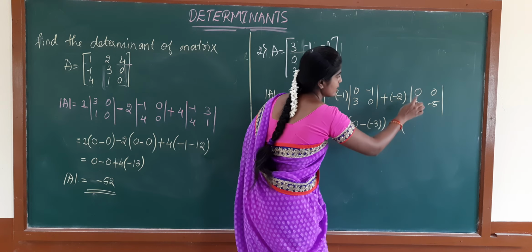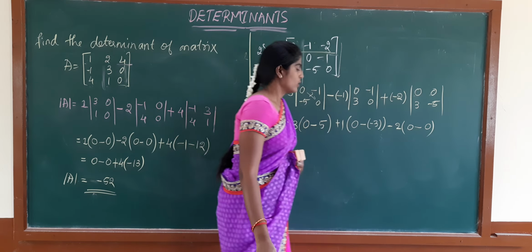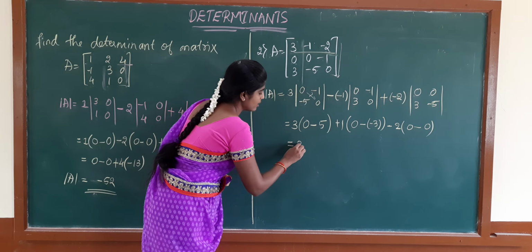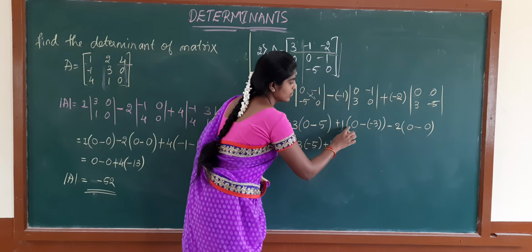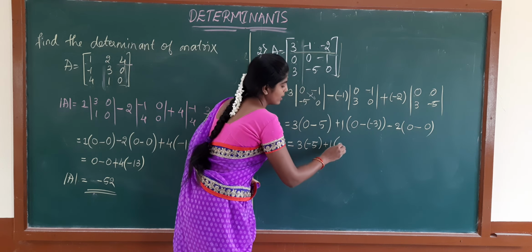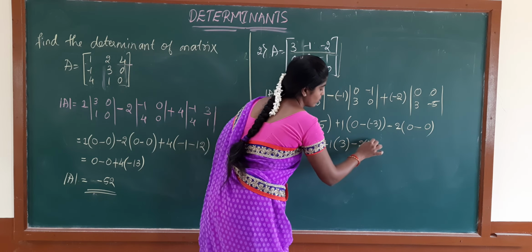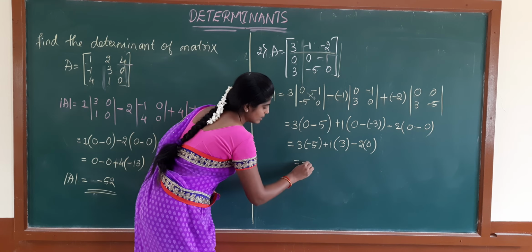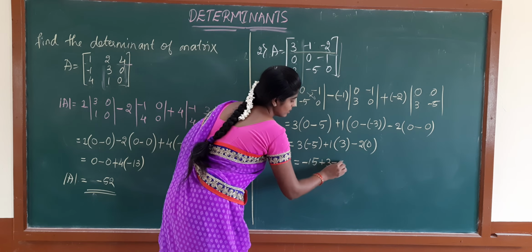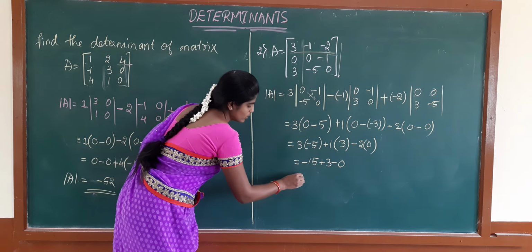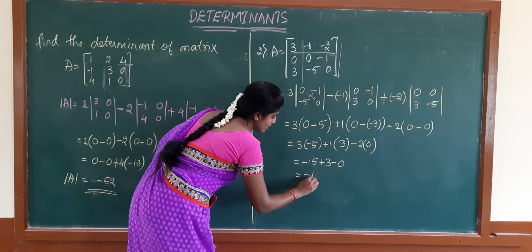Again, this is 0 into -5 is 0, minus 3 into 0 is 0. So if we solve this, what do we get? 3 into -5 plus 1, 0 minus of minus means plus 3, minus 2 into 0. So it becomes minus 15 plus 3. 2 into 0 is 0. So minus 15 plus 3 means we get minus 12.